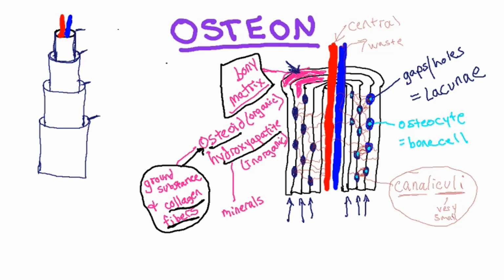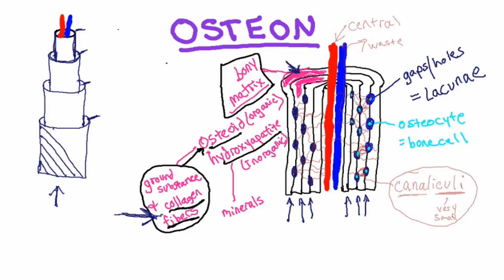Now, here's the thing. I said this had to do with collagen fibers. So here's what it has to do with collagen fibers. If you were to pull these concentric lamellae out, like I just did in this drawing, you would notice, and you could actually see this, that each layer of lamellae has collagen fibers in it, and let's say this first layer of lamellae, the collagen fibers are going to go diagonal like this.